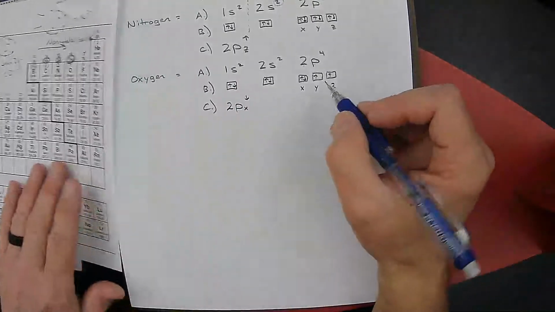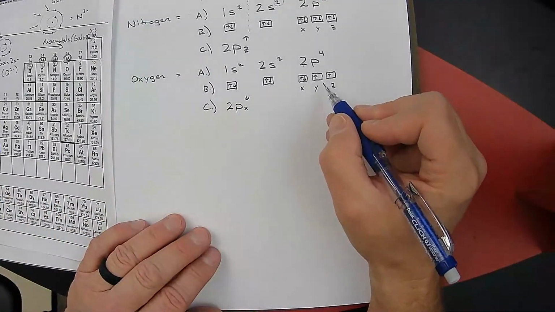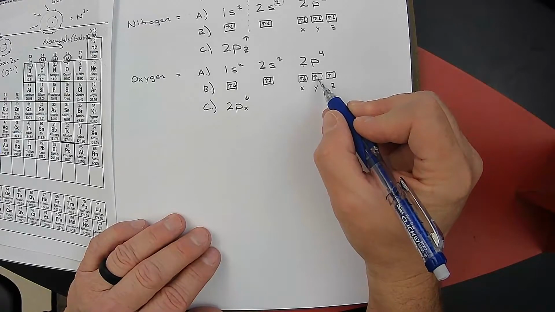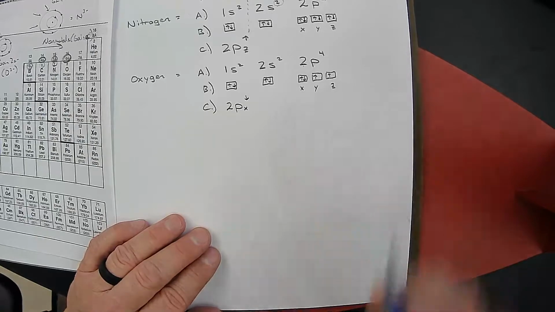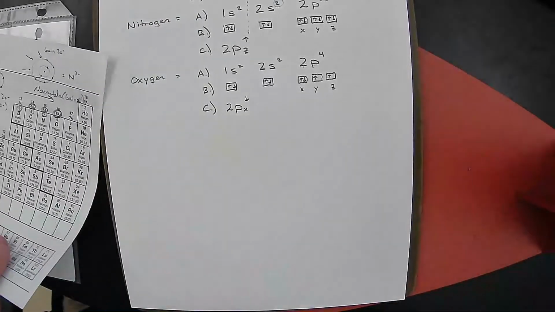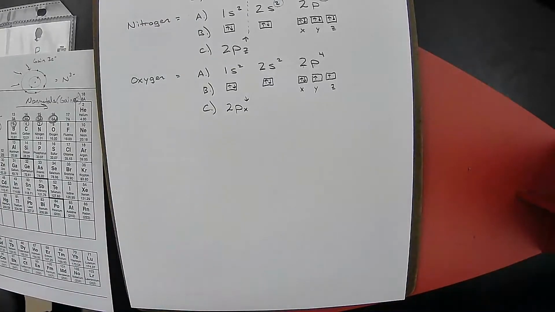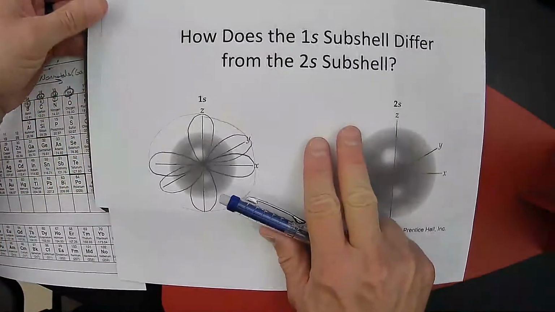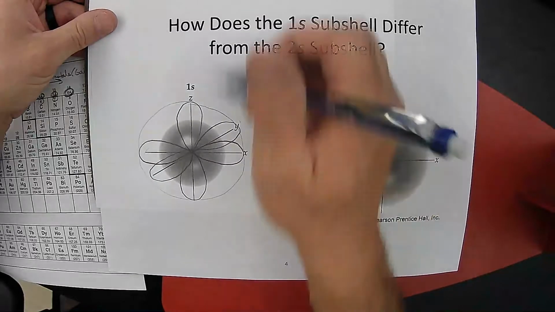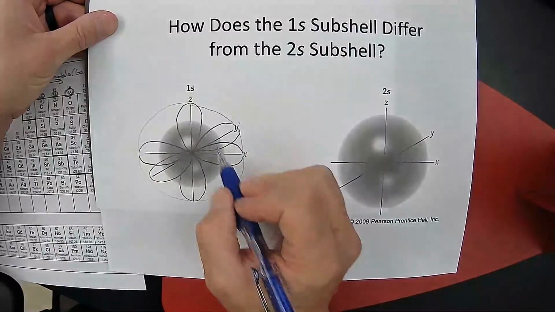Well, why would it want to gain? Well, based off of quantum mechanics, it makes perfect sense. It wants 1 down electron in the 2py and 1 down electron in the 2pz. When we look at our drawing here, it's got 2 electrons in the 1s.